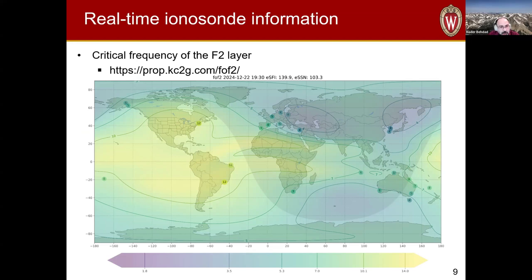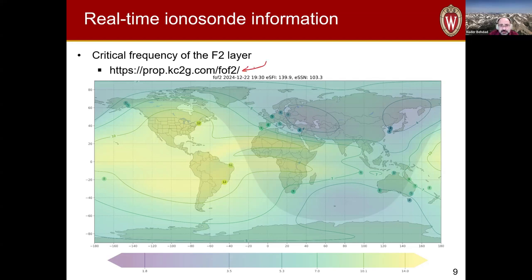So as I mentioned, there are a lot of these stations throughout the world that measure the plasma frequencies and have these ionograms at different times of the day. And there are resources that again are freely available.